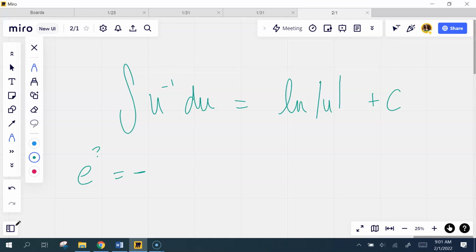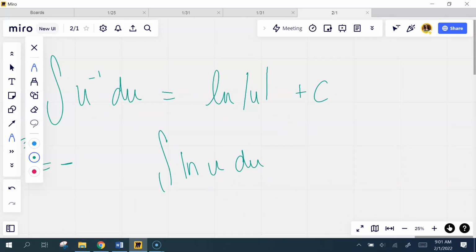How about the integral of the natural log of u? This one's a little bit harder. I'm using u's intentionally, and you'll see why in just a second. Any idea? This one you wouldn't just recognize. You'd have to use your sheet. It'll be something that the more you do, the more you'll see. Look at the integral side of your sheet.